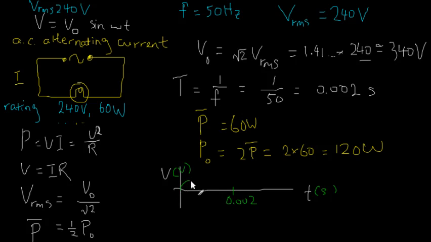So the graph would look like this, and the peak value here is 340. Okay, so that's what a graph of our mains power supply might look like.